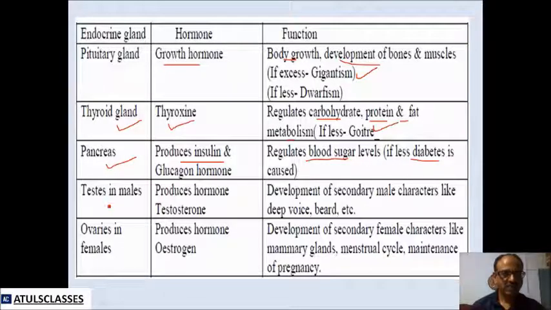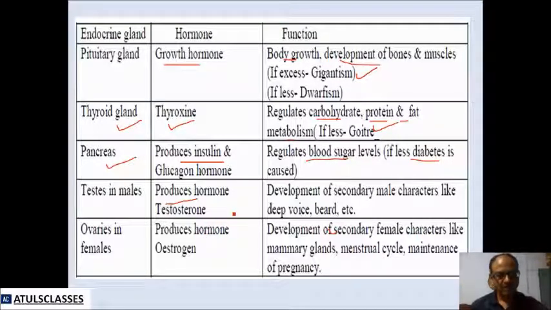Then the glands that are different in males, the testes, secrete the hormone testosterone, which helps in the development of secondary male characters. And the ovaries in females help in the production of secondary sexual characters in females, like mammary glands, menstrual cycle, and maintenance of pregnancy. The hormone they produce is estrogen.